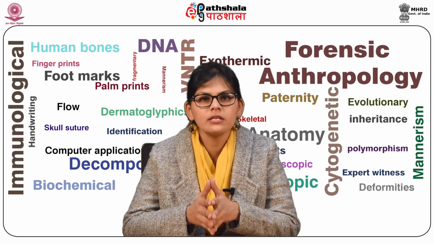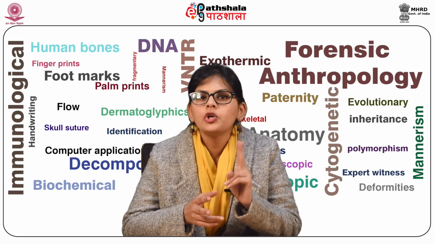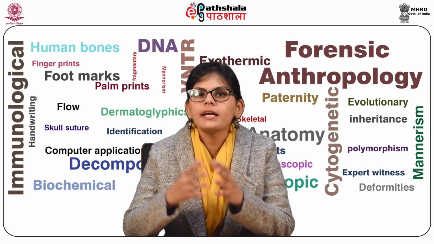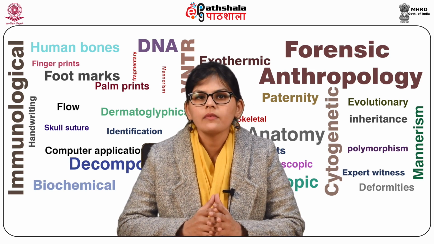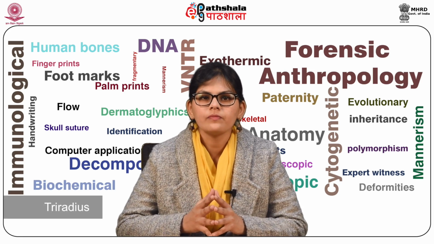The only difference is that ridges of the palm are counted between two digital tri-radii. Counting is done by connecting both tri-radii with a straight line, and the count excludes the ridges forming the tri-radius.